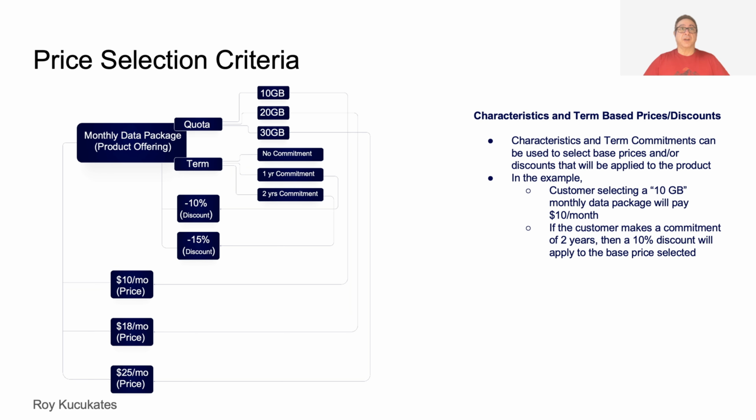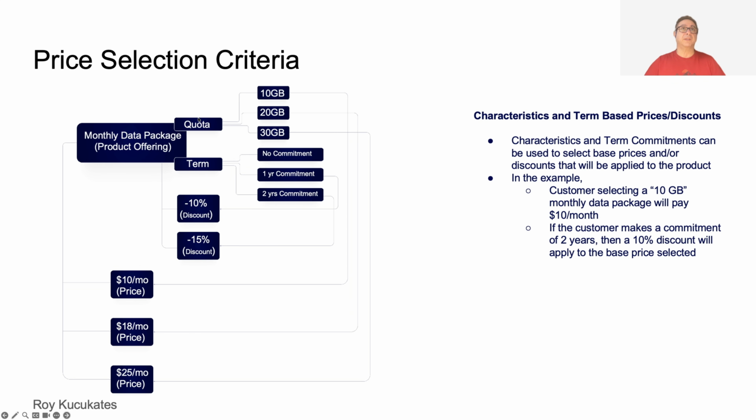Price selection criteria are a bit more complex. Like, you can define a monthly data package where the allowance or quota can be 10 gigs, 20 gigs, or 30 gigs. As you have seen here, we don't need to define 3 different product offerings for the 10, 20, or 30 gigs options.